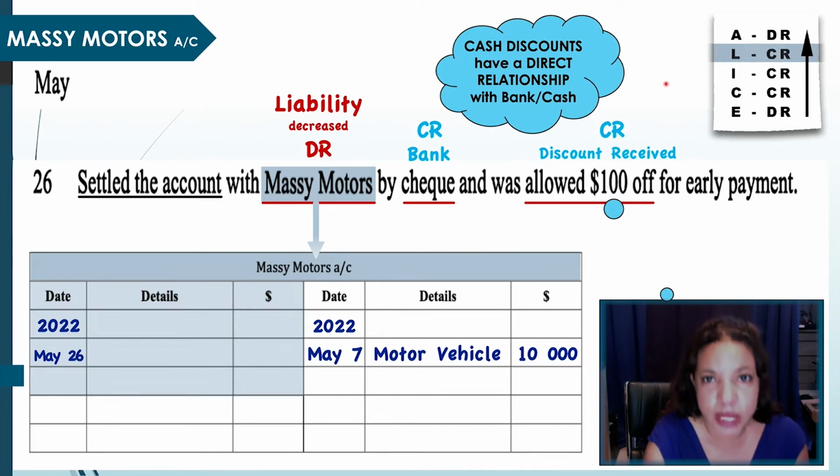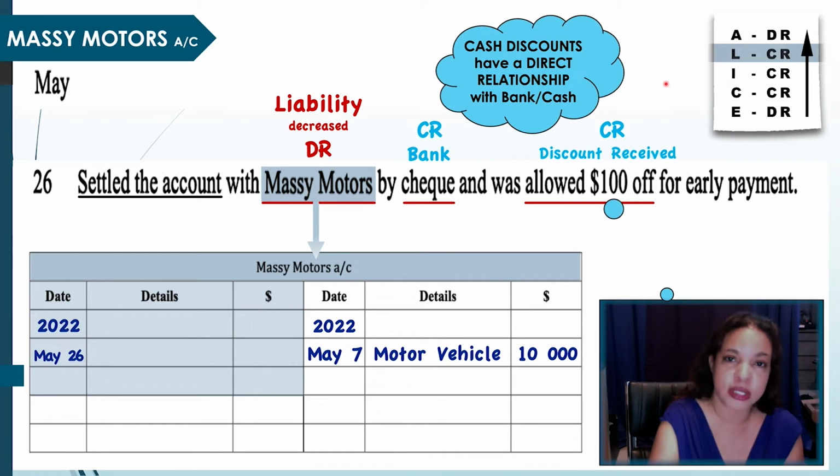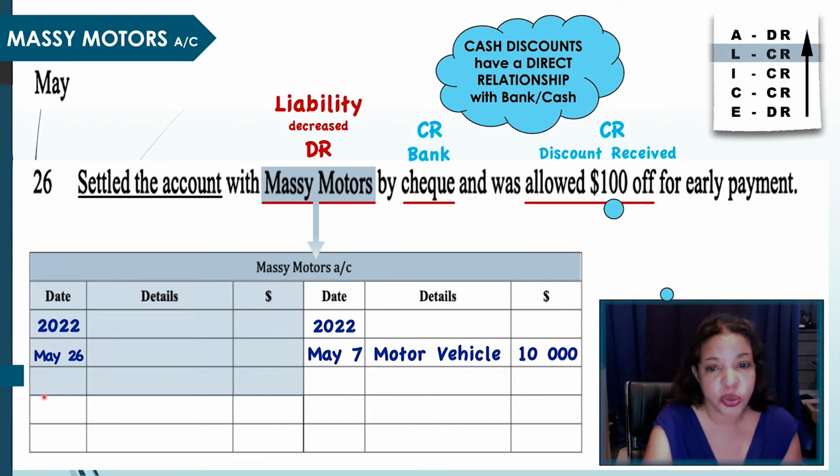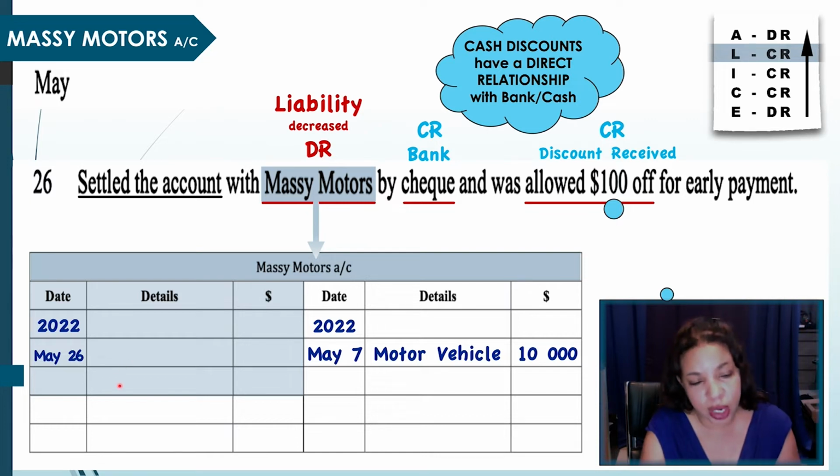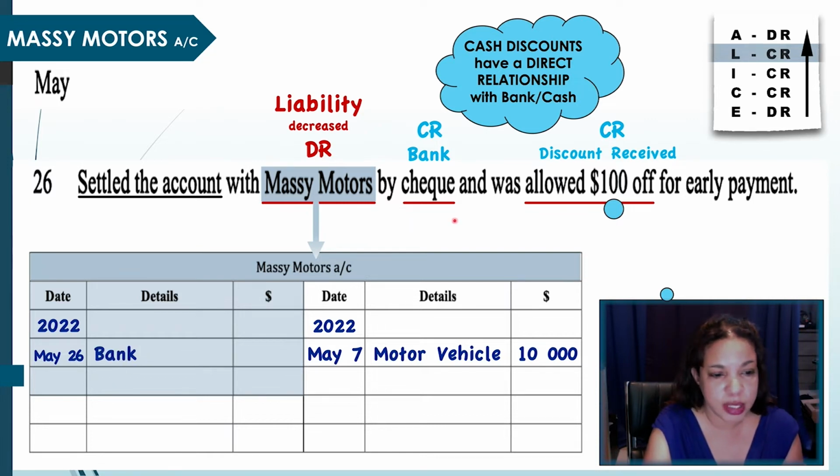You will always see bank and discount on the same side for the particular transaction. So we go down to the details. Since there are two accounts, that means you're going to put bank or discount received, doesn't matter which order, but I will go with bank. And you will have to go to the next line and put the date again and discount received.